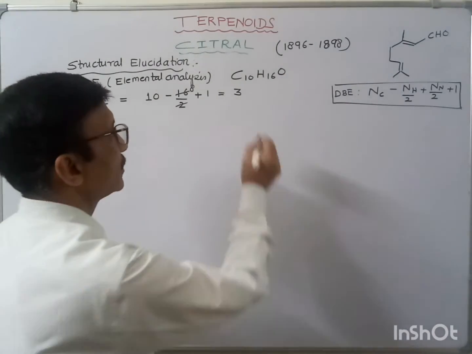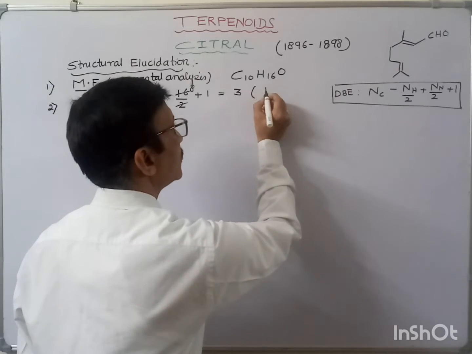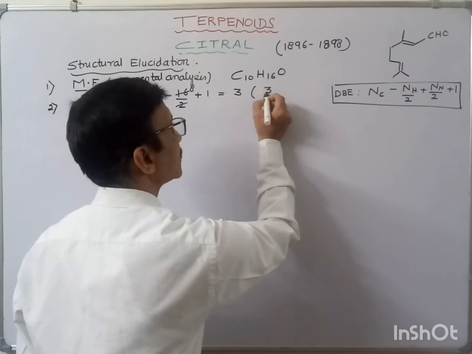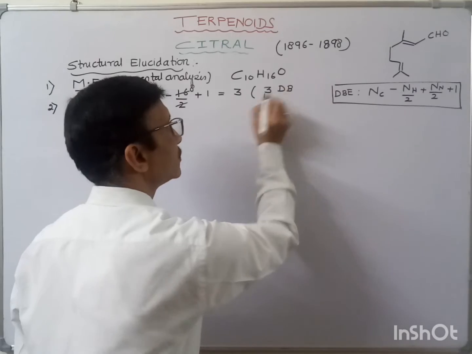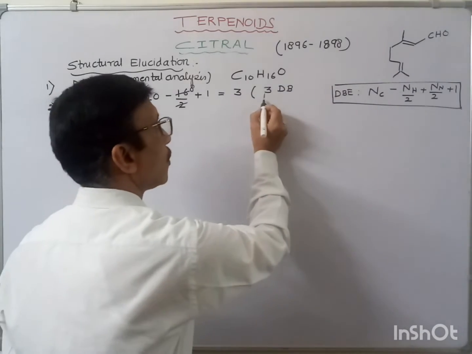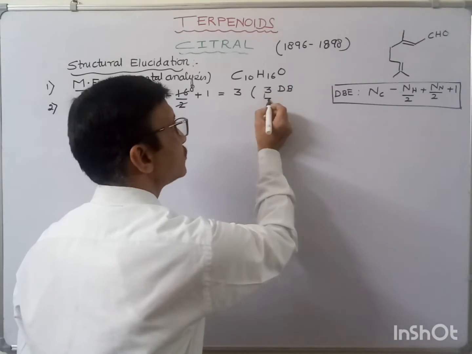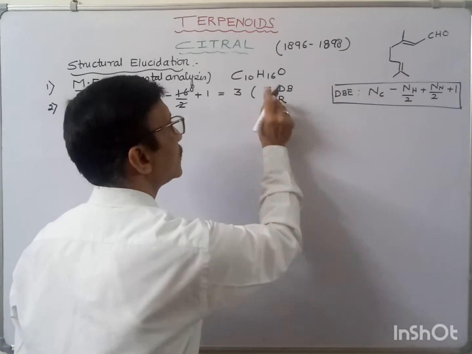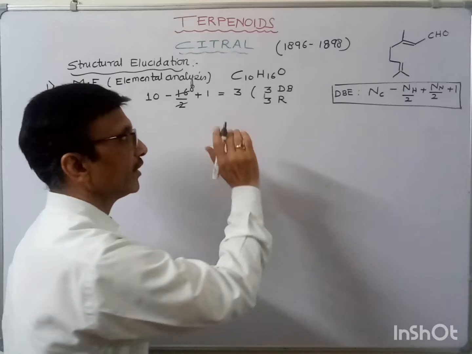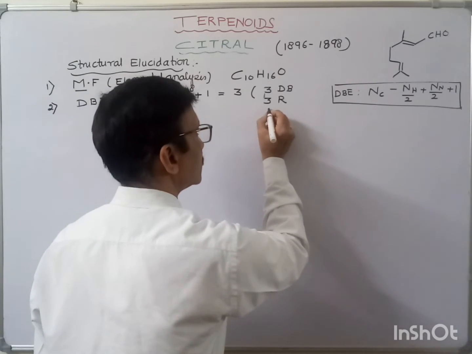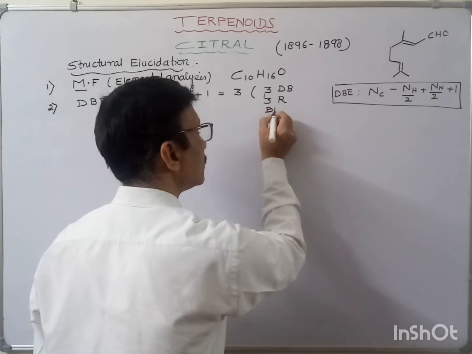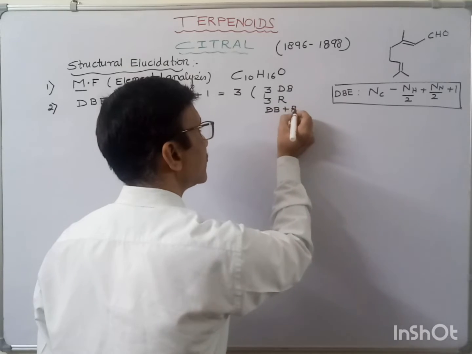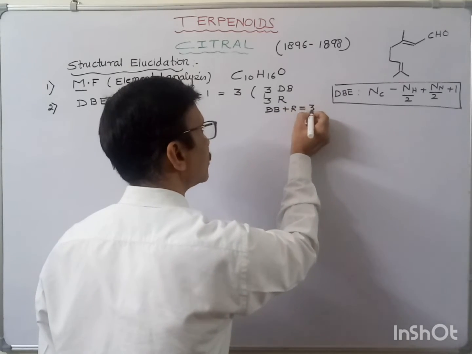3 means either 3 double bonds may be present, or 3 rings may be present, or a combination of double bonds and rings, so that double bonds plus rings should be equal to 3.